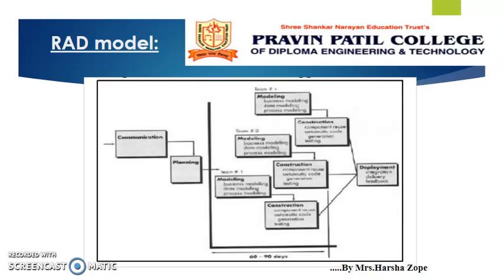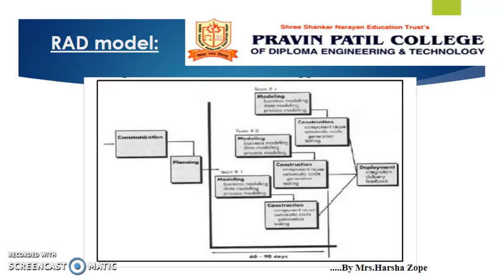You have to remember that the RAD model development cycle is 60 to 90 days. The various phases in RAD are requirement gathering, analysis and planning, design, build or construction, and finally deployment. Multiple teams work on developing the software system using the RAD model in parallel.